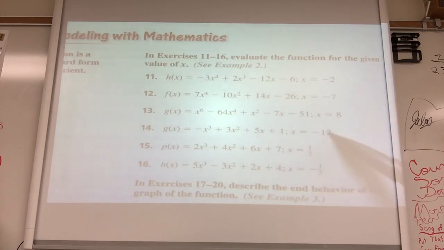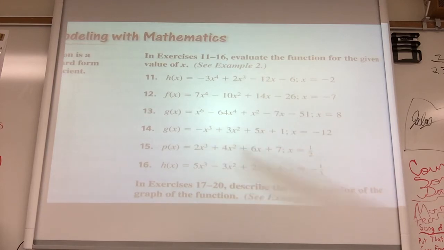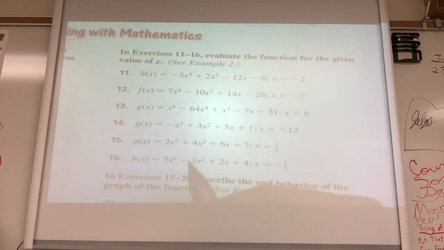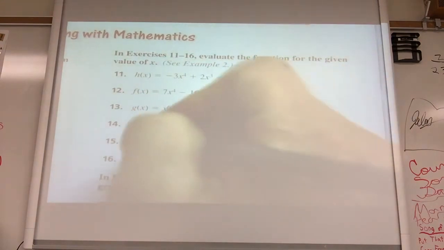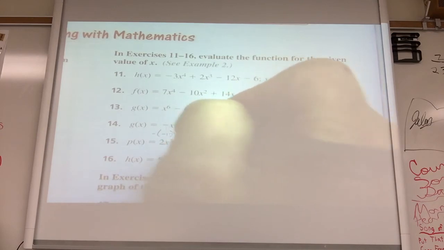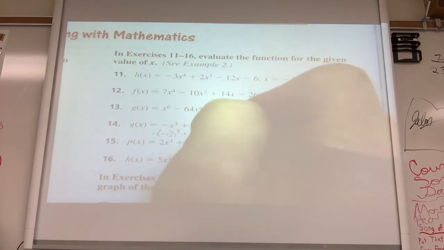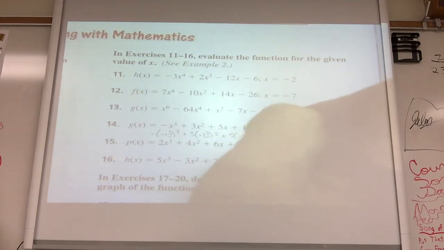Just take whatever value they're asking you to evaluate at, for example, x equals negative 12, and substitute that into every single x value. And if you wanted to really play it safe, I would put parentheses around it. So for example, like this, negative, and then you have negative 12 to the third, plus 3 negative 12 squared, plus 5 negative 12, plus 1.